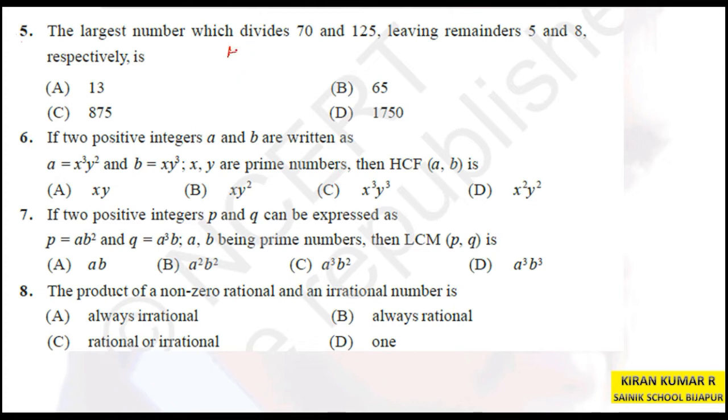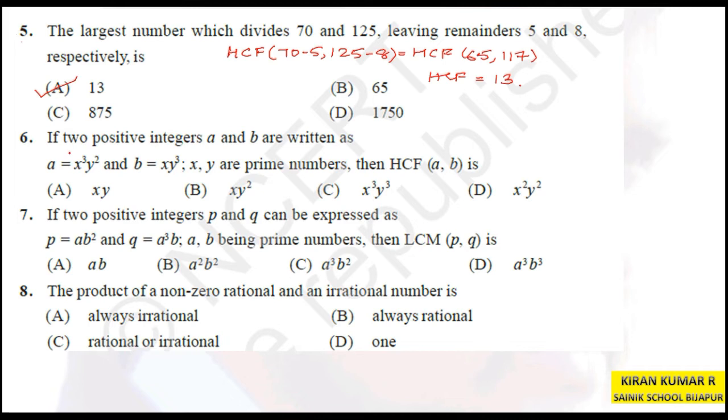So here we need to find out the highest common factor of the numbers 70 minus 5 and 125 minus 8, nothing but the highest common factor of 65 and 117. In the previous question we have seen the highest common factor is 13. So the right answer is option A, 13.